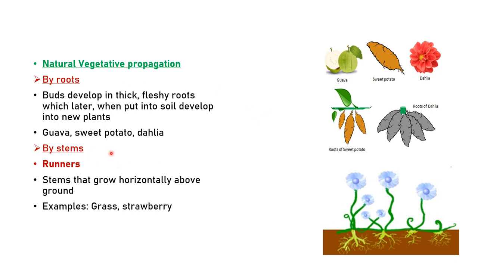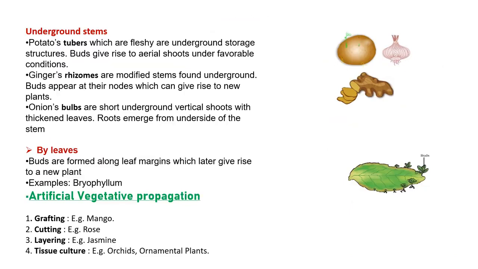Then by stems. In the stems, we saw how the runners can be used. Then underground stems such as a potato, that is nothing but tuber, gingers which are called rhizomes, and onions which we call bulbs. These are the different names of different types of stems, children.